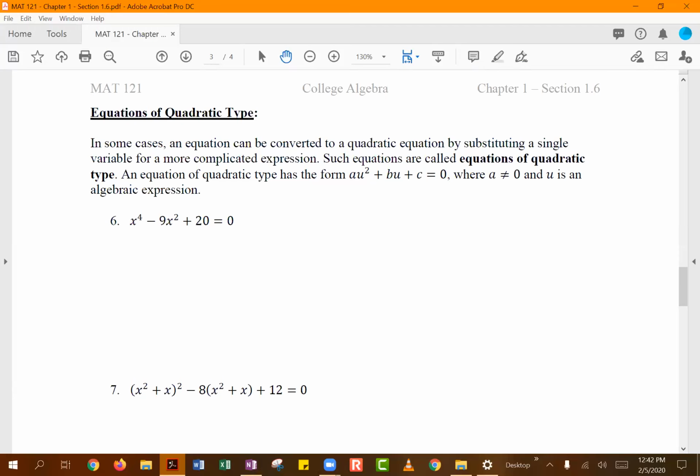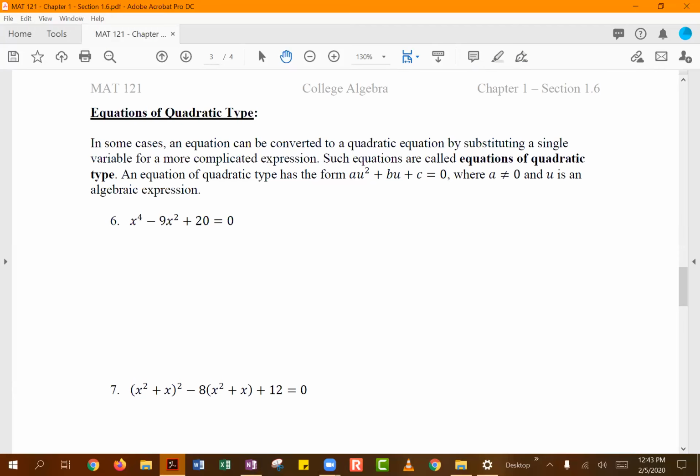Basically, you will take an equation and convert it to a quadratic equation by substituting a variable, or you can even substitute an expression. It does not have to be a variable.